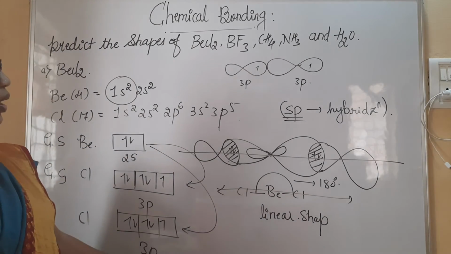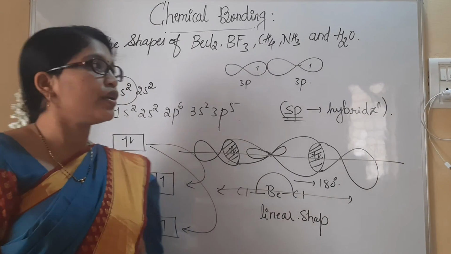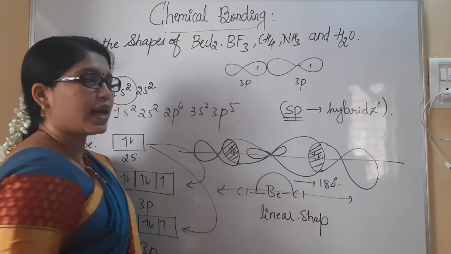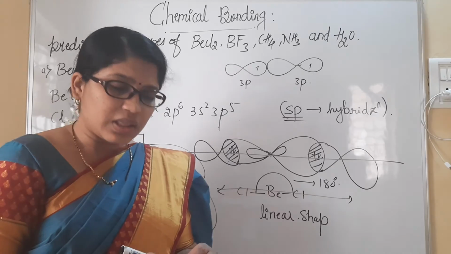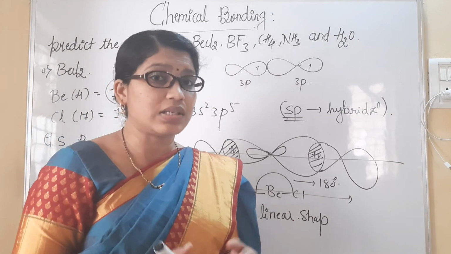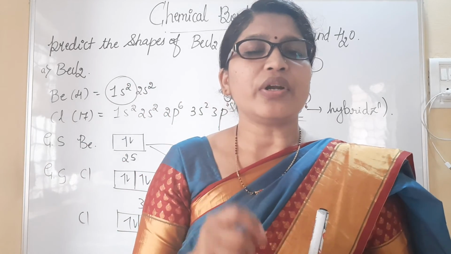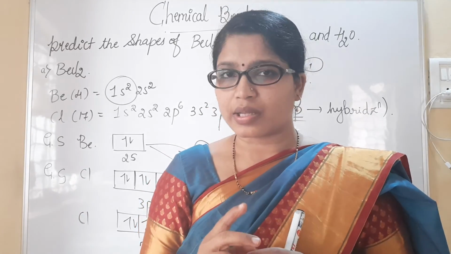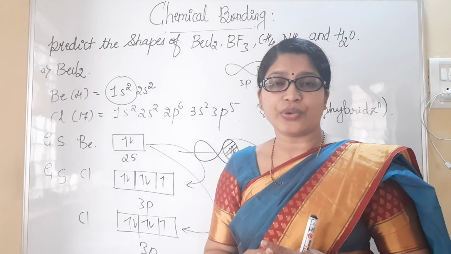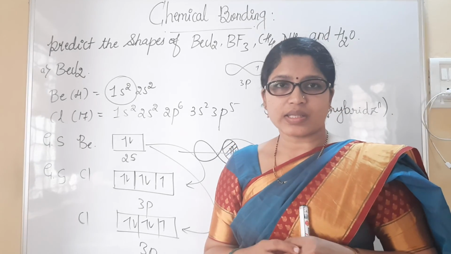Similarly, we need to understand the shape and geometry for the BF3 molecule, methane, ammonia as well as the water molecule. These seem to be very simple, but I suggest there is a requirement of a minimum of one time practice. If you practice this just one time, definitely you are going to remember the things very easily.